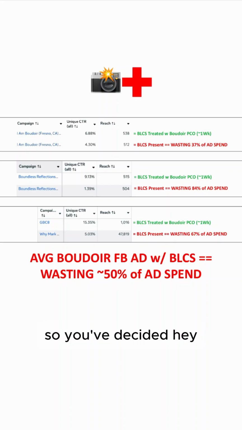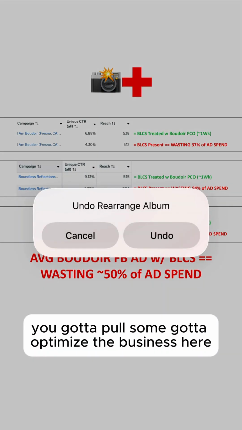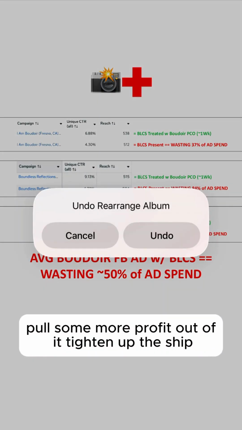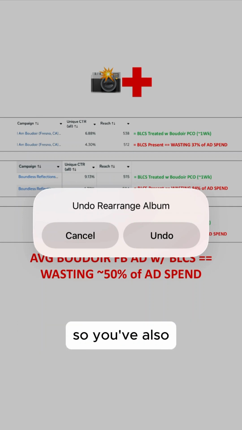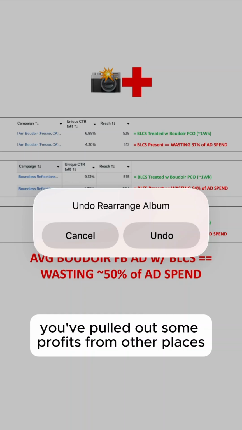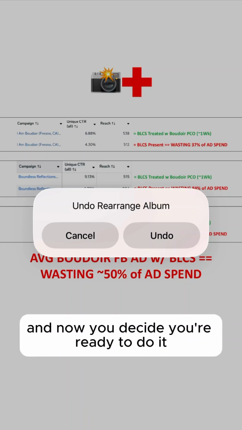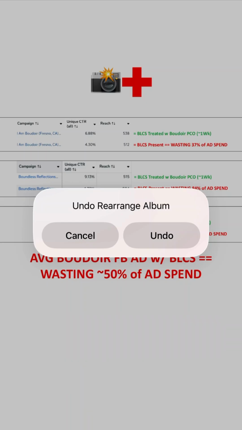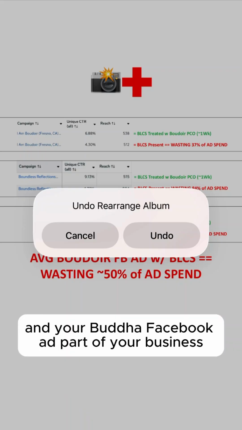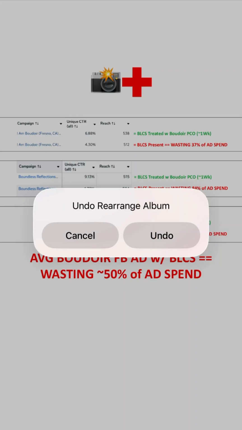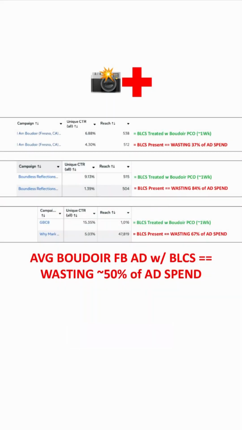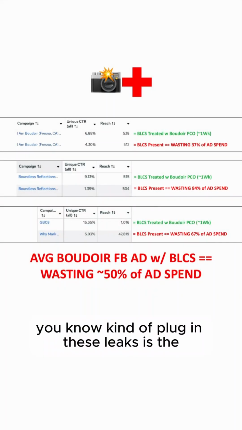So you decided, hey, you've got to optimize the business, pull some more profit out of it, tighten up the ship. So you've pulled out some profits from other places, and now you decide you're ready to do it in your Boudoir Facebook ad part of your business by plugging these leaks.